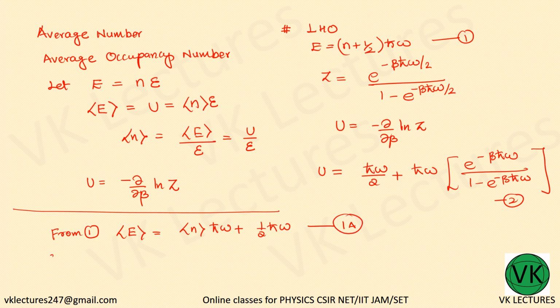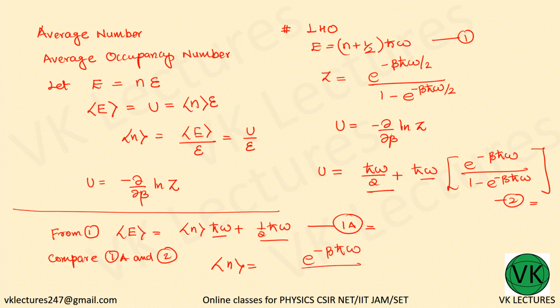Compare 1a and 2, that means this particular equation and this one. You will get half h cross omega on both sides, and here h cross omega and h cross omega. The average value of n is equal to e to the power minus beta h cross omega divided by 1 minus e to the power minus beta h cross omega. So this is how we can find the average value of n.